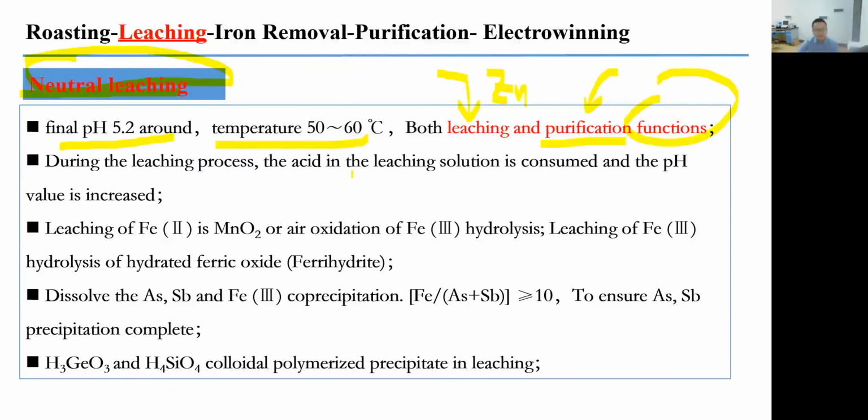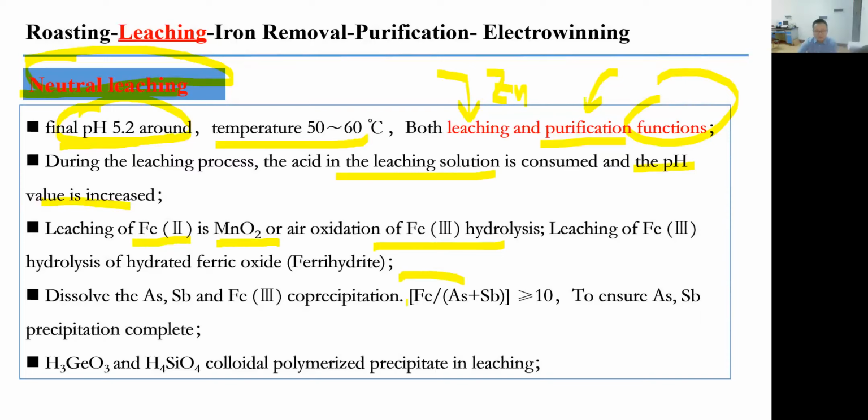And during the leaching process, the acid in the leaching solution, which is usually spent electrolyte, will be consumed. So the pH value will increase, but the final pH value should be controlled around 5.2. One of the most important reactions is the oxidation of ferrous iron to ferric iron with manganese oxide.